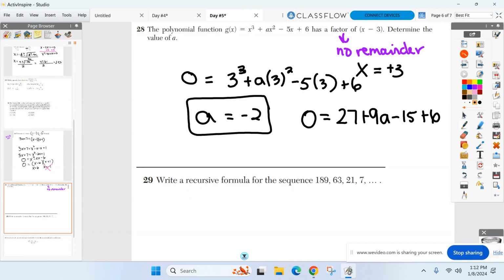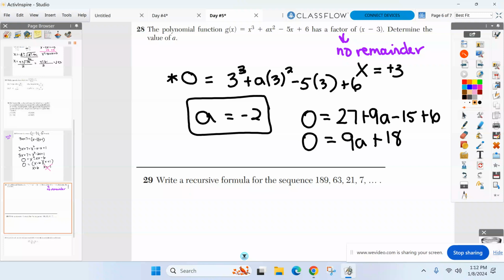Now I combine my like terms: 9a plus 18. And now I solve for a. Move the 18 over and divide by 9. You can't do this on calculations. Grant, do they need to see the work come down? Nope, all I need is this right here and we're good.